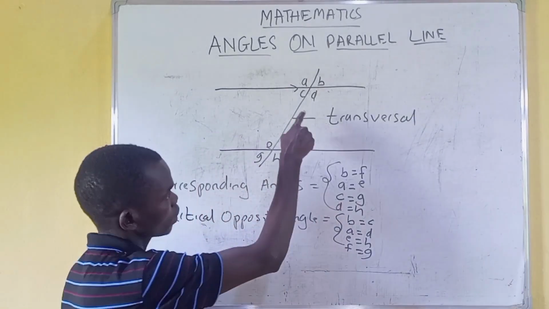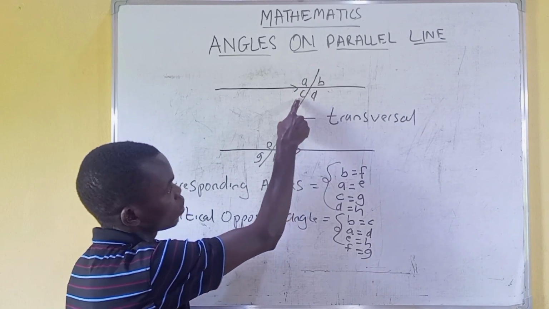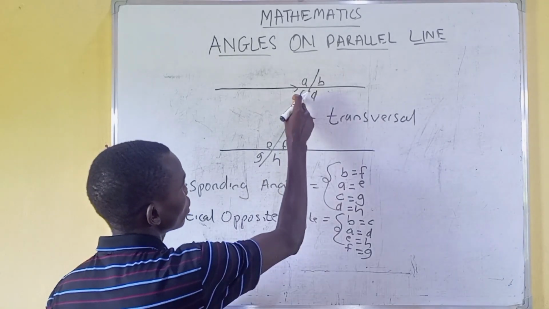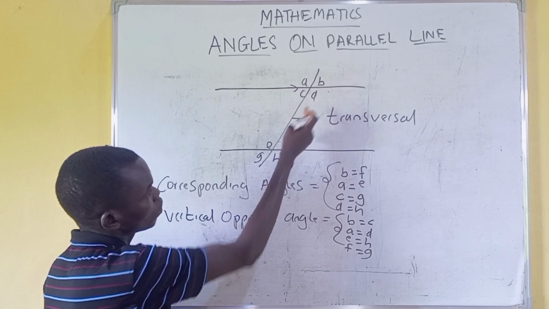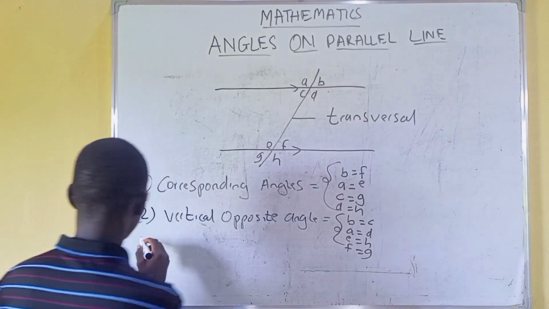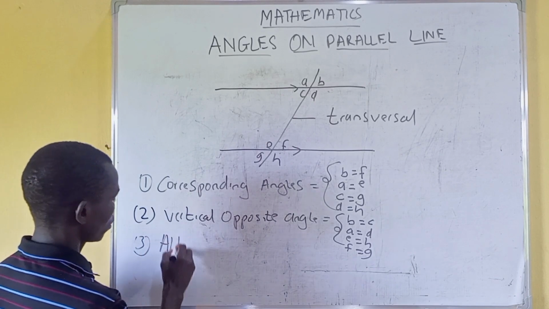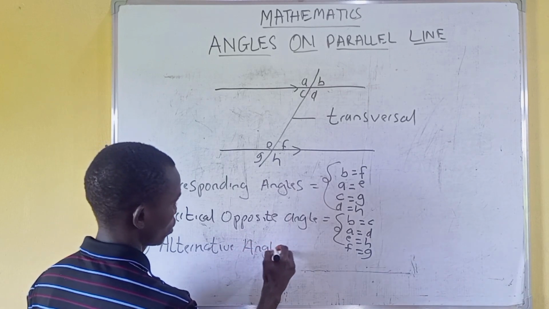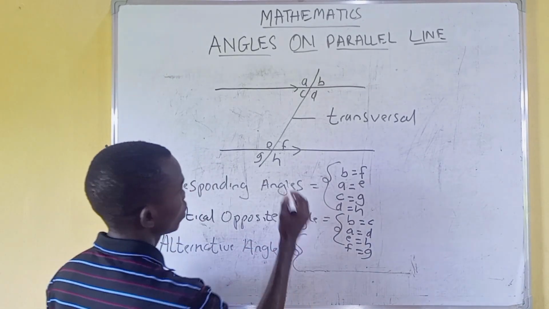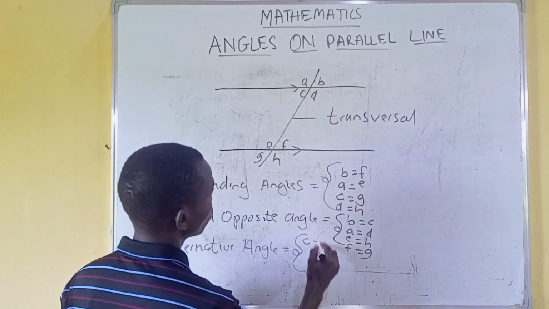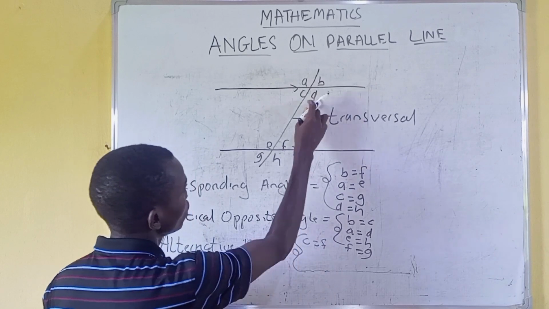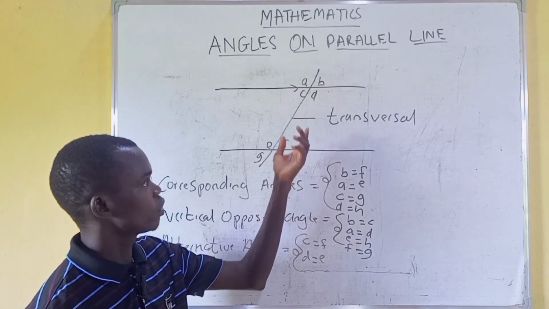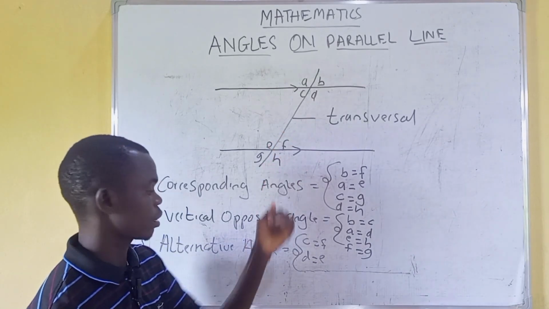If you look at this now, C is on the opposite side to F on the transversal line within the parallel lines, and C is equal to F, so is D equal to E. If we are to bring it out, alternate angles, we have C equal to F and D equal to E. These are the alternate angles on this pair of parallel lines and this transversal.